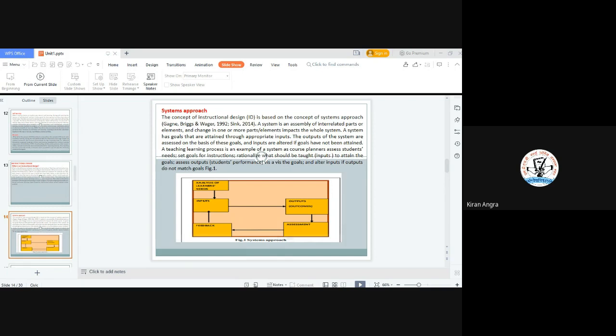So what are the different models? Some models of the construction of ID are the ADDIE model. ADDIE is basically an acronym which means the later processes of ID.